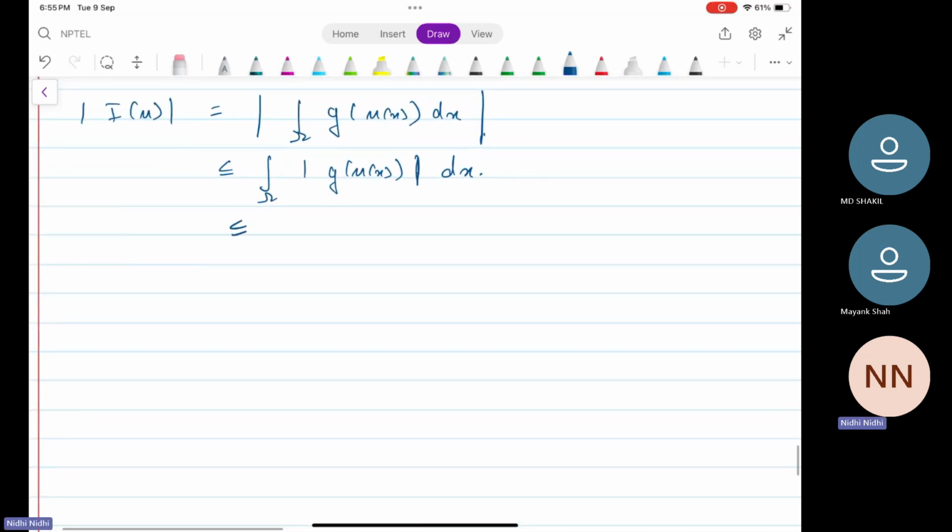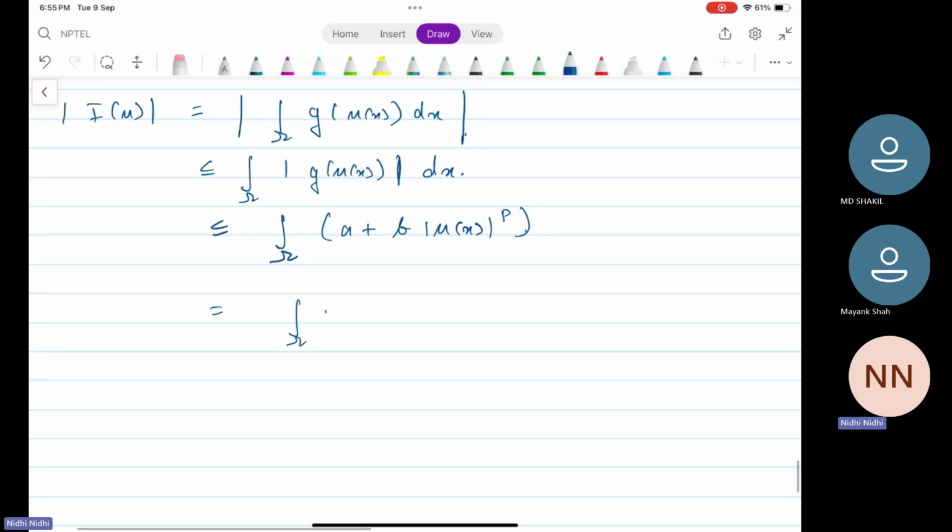This is less than or equal to the integral over Ω of a plus b mod u(x) to the power p. Now this is equal to the integral over Ω of the constant a plus b times the integral over Ω of |u(x)|^p.